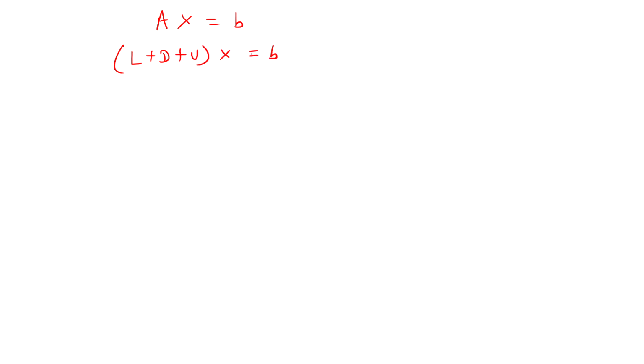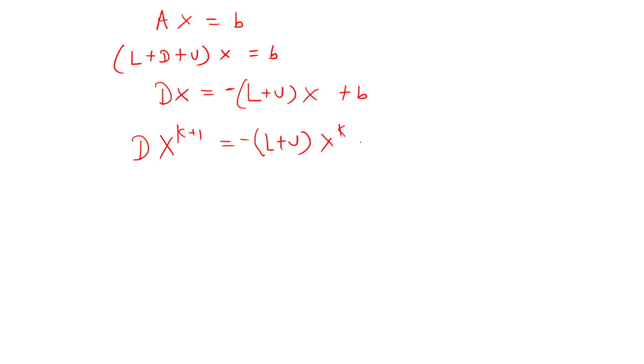Now I am doing some rearrangement, that is D times x is equal to minus (L + U) x plus b. So I can say that x^(k+1), the new value of vector x, is equal to D inverse times minus (L + U) x^k plus b.